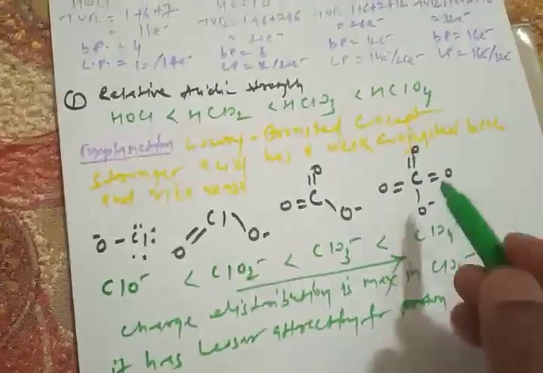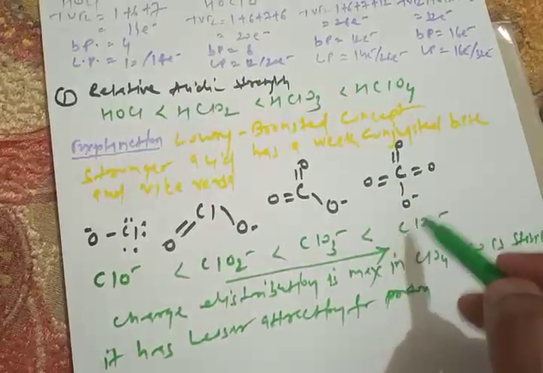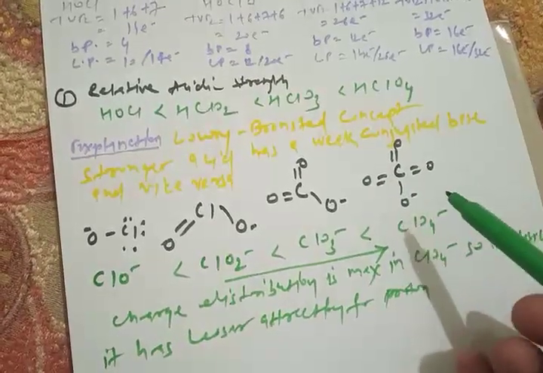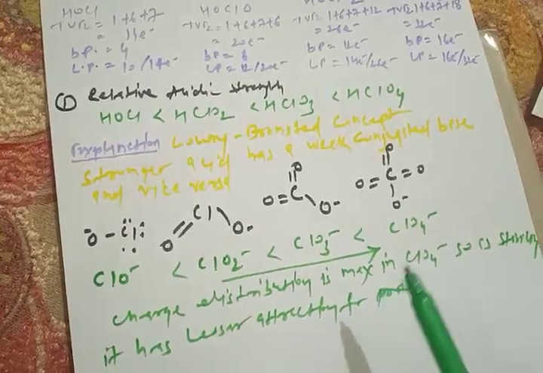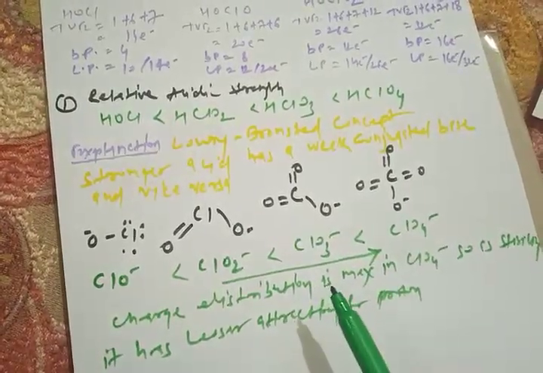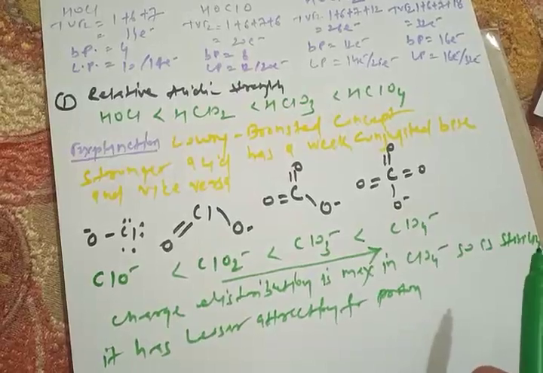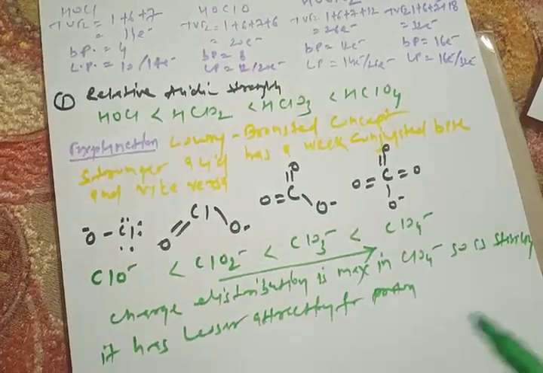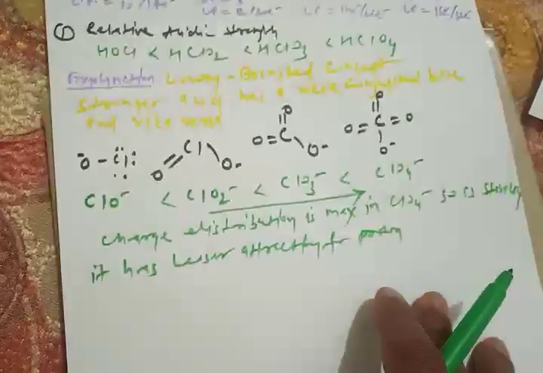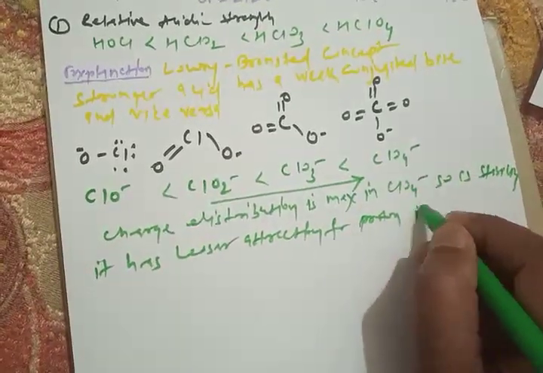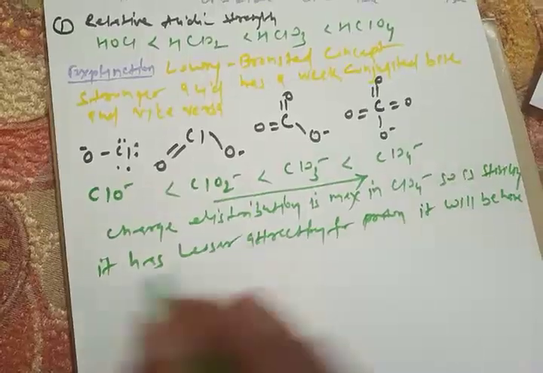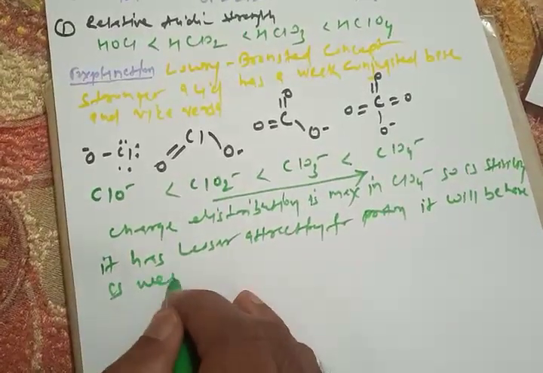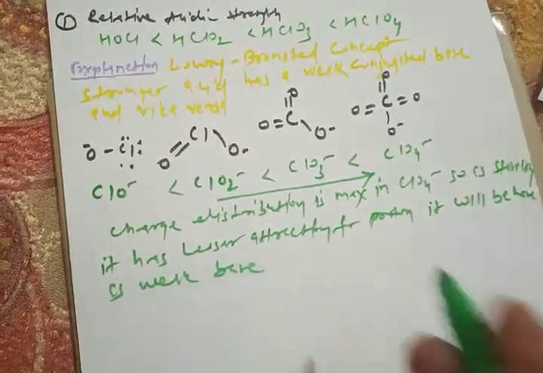If it has a maximum distribution of negative charge, it will be more stable, and if it is more stable, then it has a lesser attraction for protons, and it behaves as a weak base, because of the non-availability of attraction for protons. Okay, so the reason is clear.